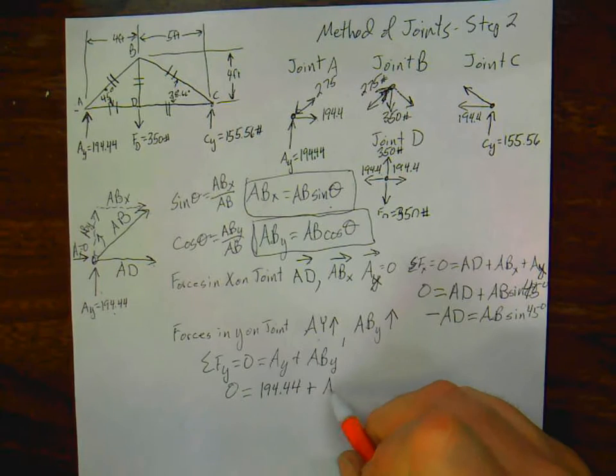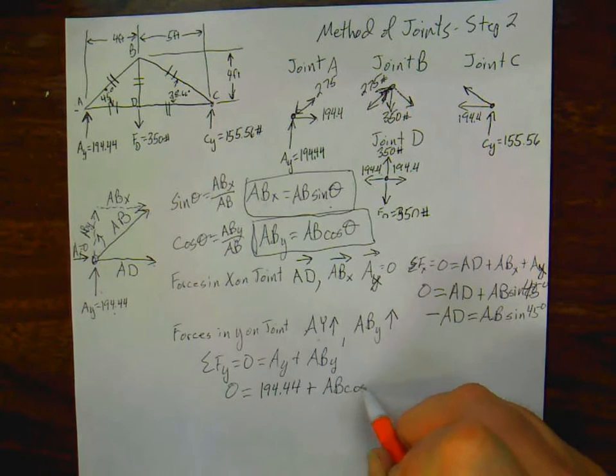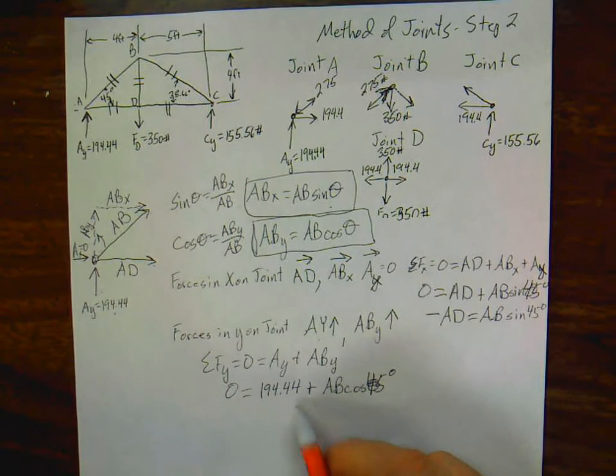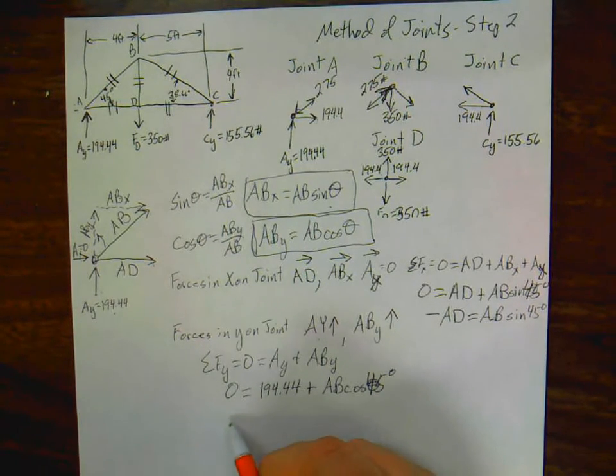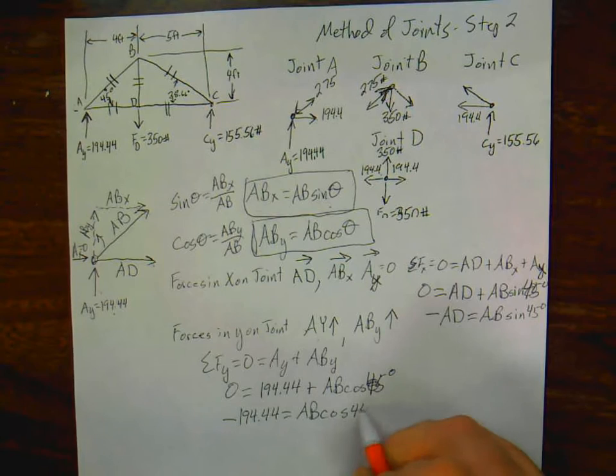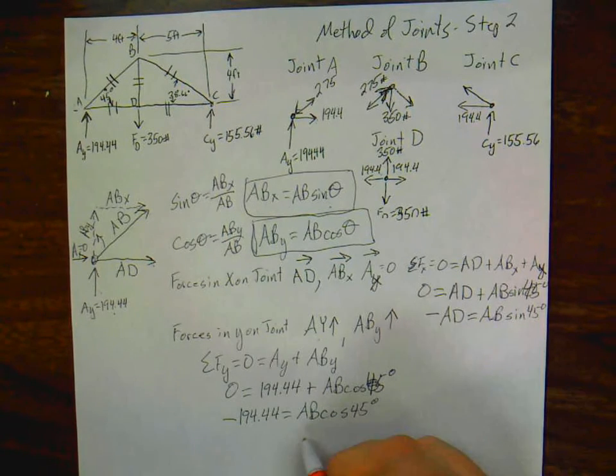Now, as we subtract, we get minus 194.44 equals AB cosine of 45 degrees. AB equals minus 194.44 divided by the cosine of 45 degrees.